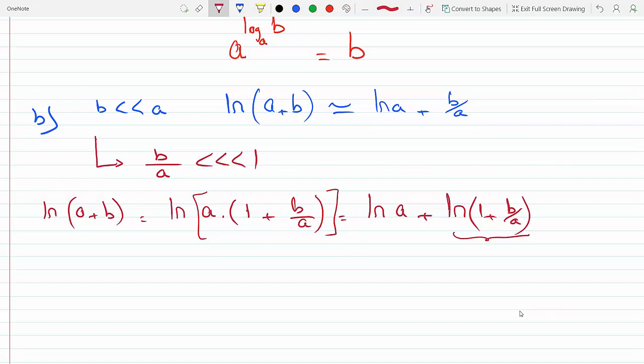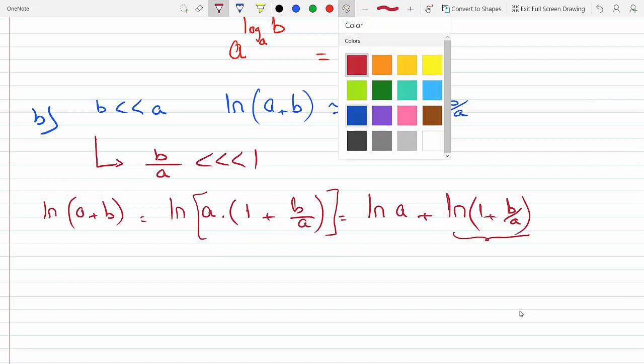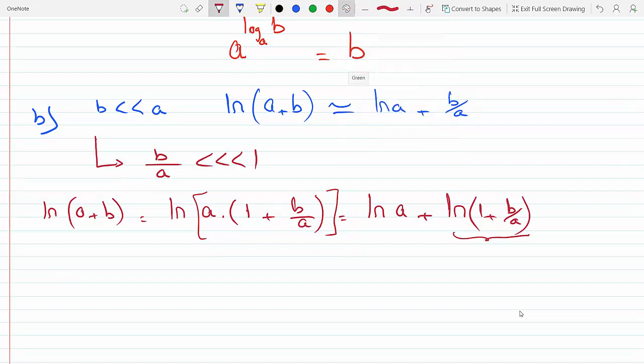Now let's take a look at what this guy is. We know from your calculus class, we can expand this in a Taylor series. From your calculus class, 1 plus x could be approximated, assuming that x is a lot less than 1.